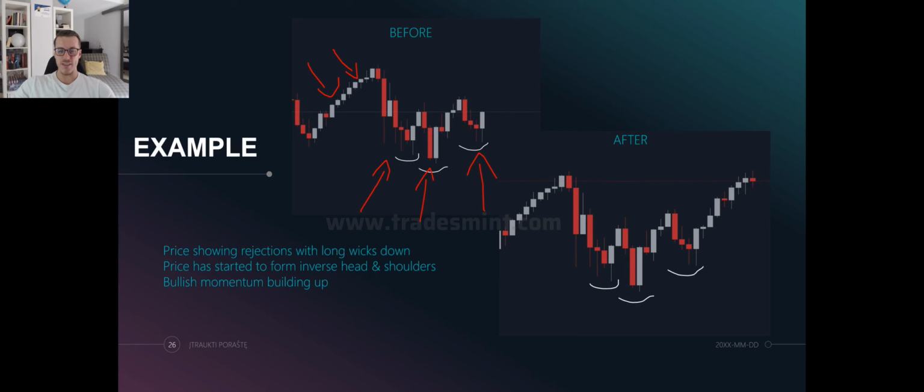Once you identify this inverse head and shoulders, you set your overall bias to bullish, because you notice that this is a weak bearish trend. You can see multiple market structure breaks to the upside, and on top of that, an inverse head and shoulders forming.